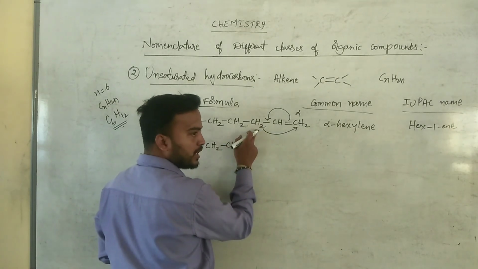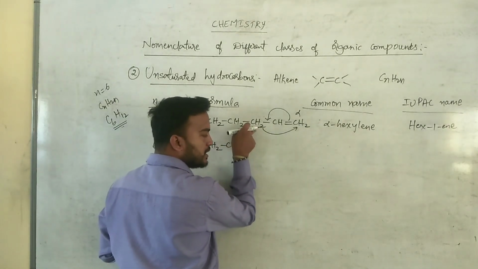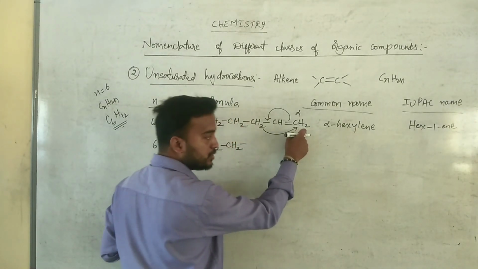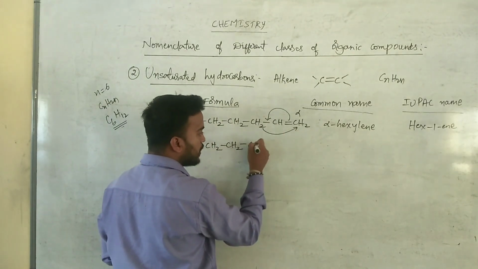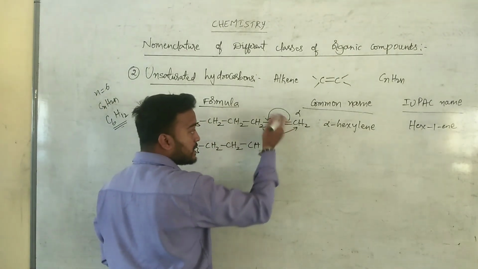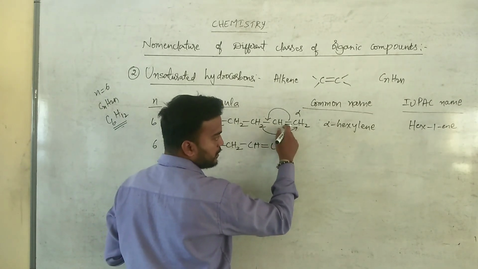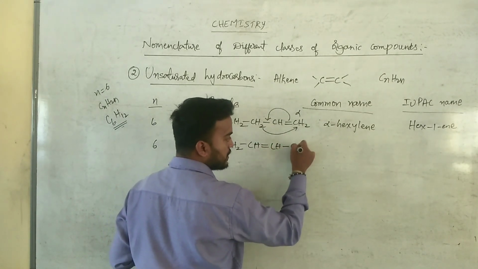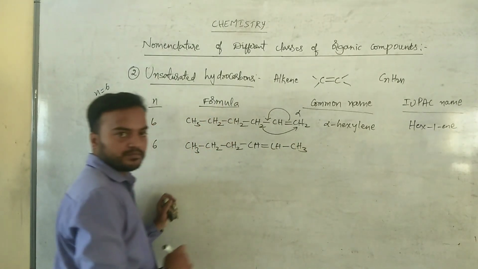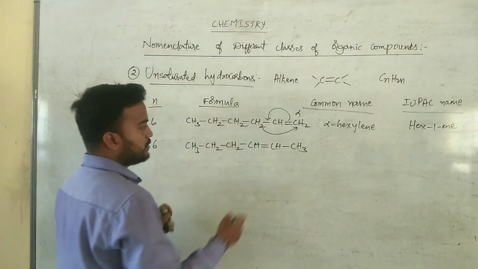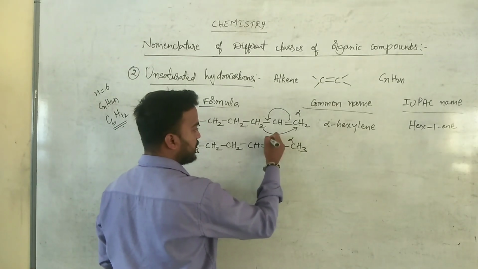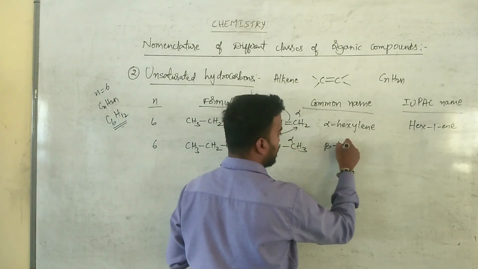So in this CH2, out of 2 hydrogens I shifted 1 hydrogen to this CH2 group. CH2 will become CH. Single bond will become double bond. CH stays the same, so double bond will become single bond. CH2 will become CH3. So this is alpha, this is beta. Beta hexylene.